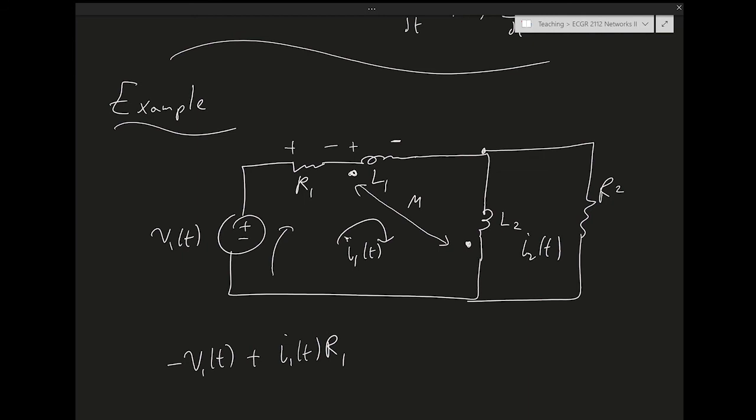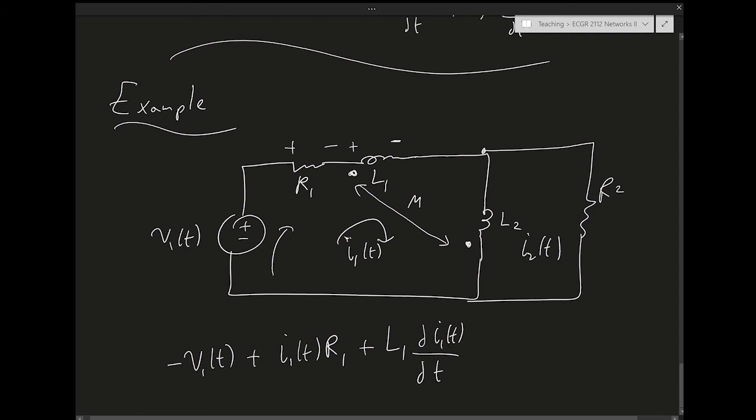Let's start with the self component. It's going to be the regular L1 di1(t) over dt, I1 is going into the positive sign here. And then what about the mutual component? So there is a mutual component. So there is also an M.